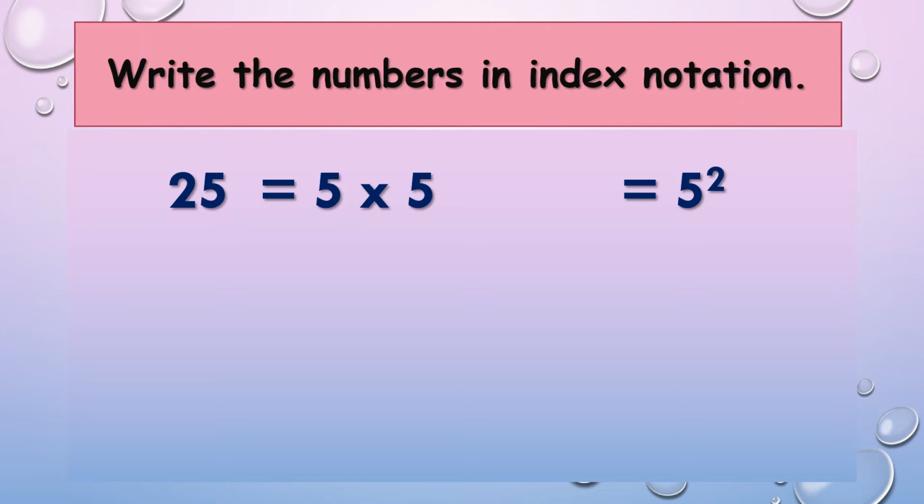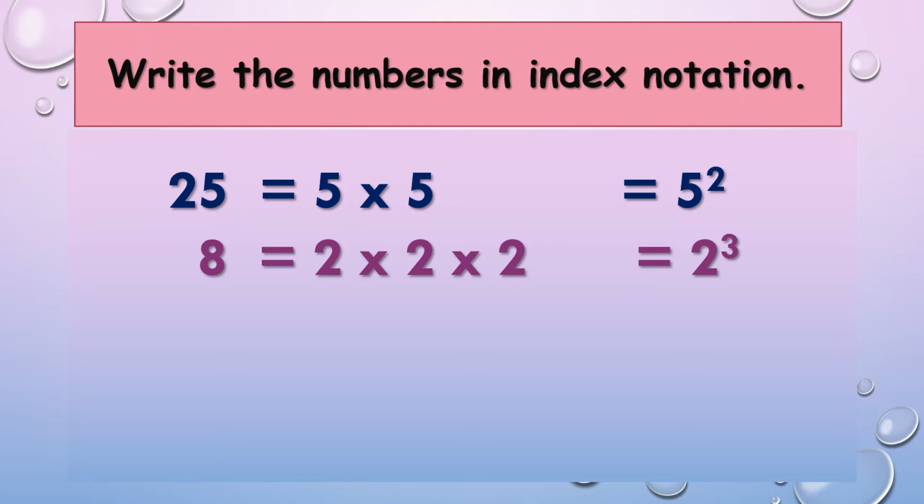So there are two 5's, so it can be written using index notation as 5 to the power 2, or 5 squared. Next one, 8. 8 is equal to 2 times 2 times 2. So there are 3 2's and it's equal to 2 to the power 3, or 2 cubed.